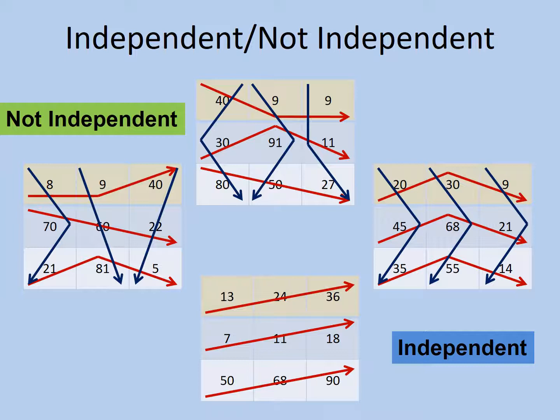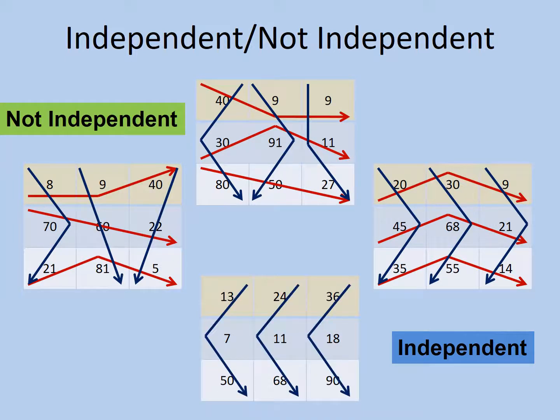Finally, we look at the table at the bottom. We can see that the horizontal arrows corresponding to each row of the table are parallel, thus indicating that the two variables here are independent. If alternatively we drew vertical arrows on the table at the bottom, we would also see that they are parallel, indicating that the two variables are independent.